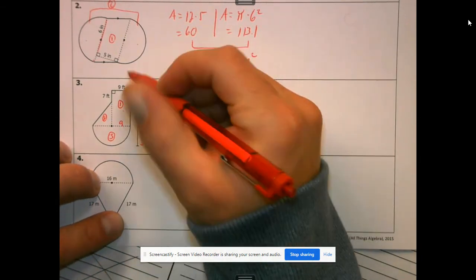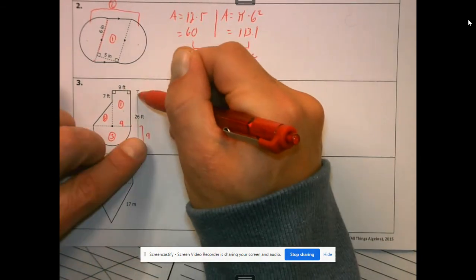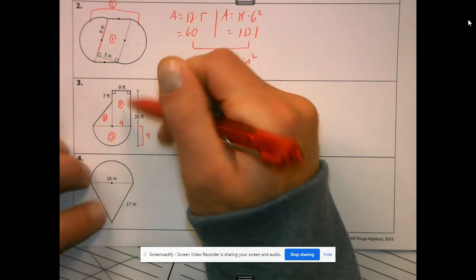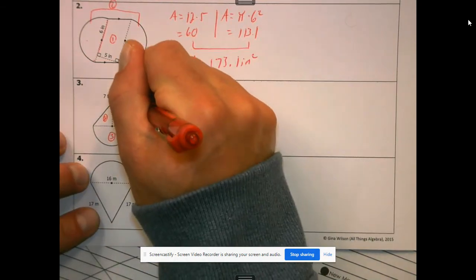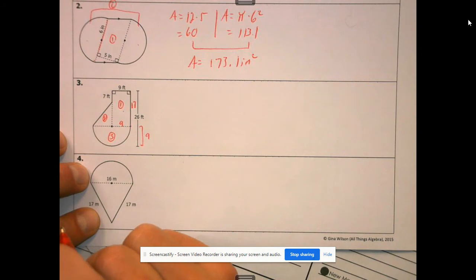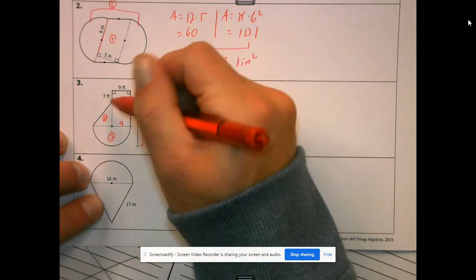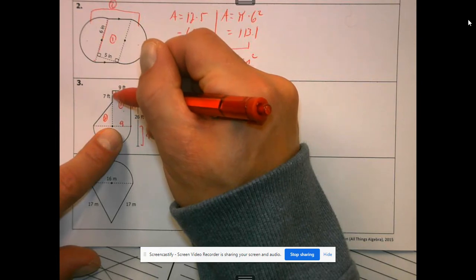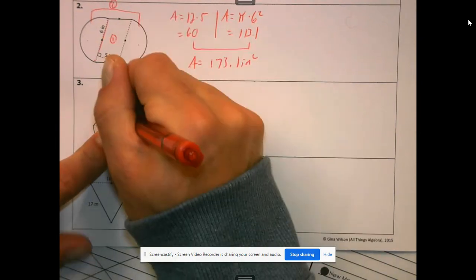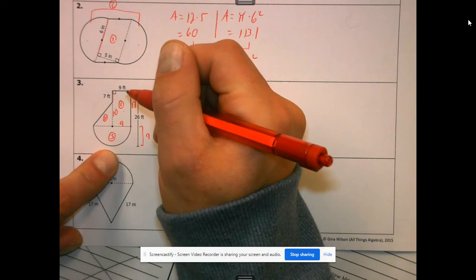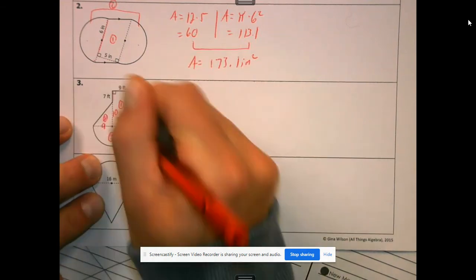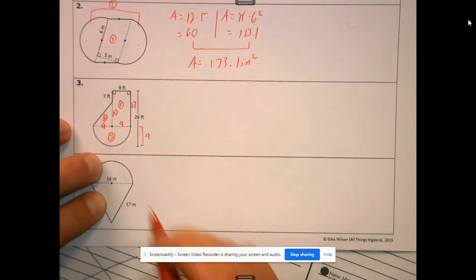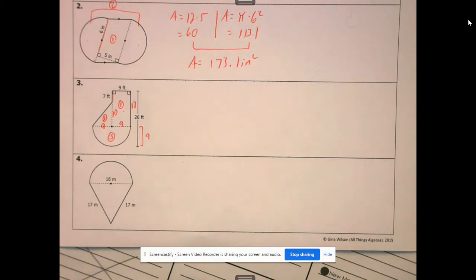So the distance from here to here, if I take the whole thing, 26, subtract out that 9, the distance for the rectangle on the side would be 17. Now check this out. If this side is also 17 and there's 7 of it right here, if I take that 17 minus the 7, I'm left with 10 right there. I know this is also 9 over here. Radii are congruent. That's enough information to get us rolling here.